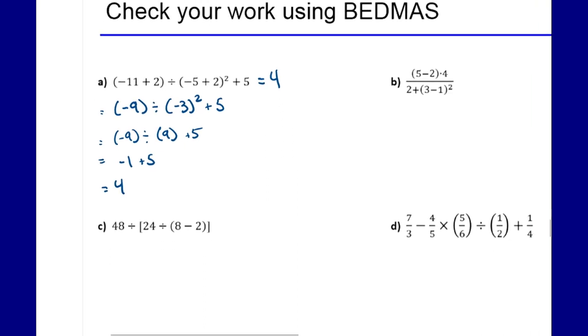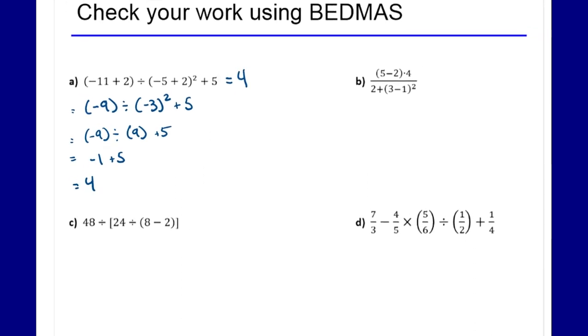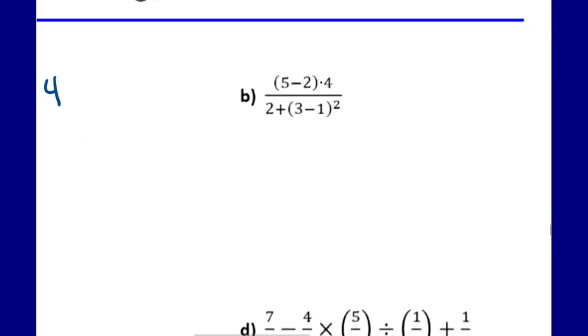So try to go through the rest. Use your calculator to enter it in and see what you get. I'll do these on the calculator, and I'll give you some hints as you're going through them. If I have a fraction, remember that a fraction is essentially division. When I have something on top and something on the bottom, if I'm entering this on my calculator, I want to put an extra set of brackets around everything on the top and everything on the bottom.